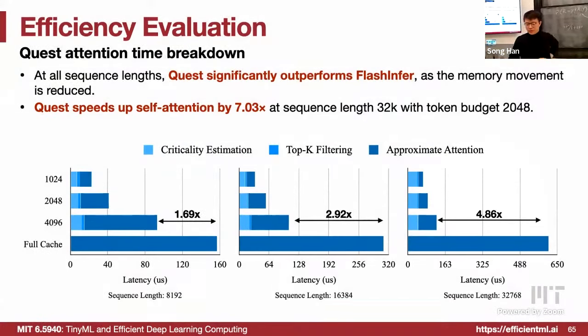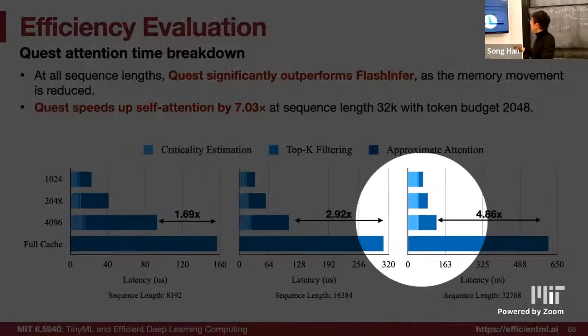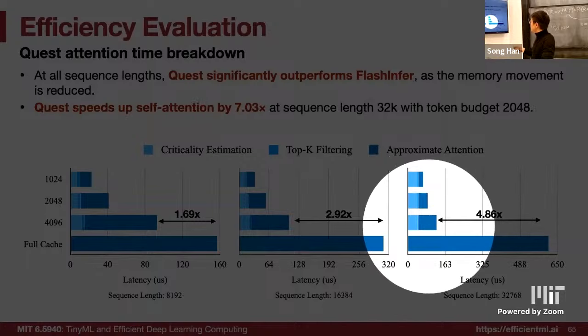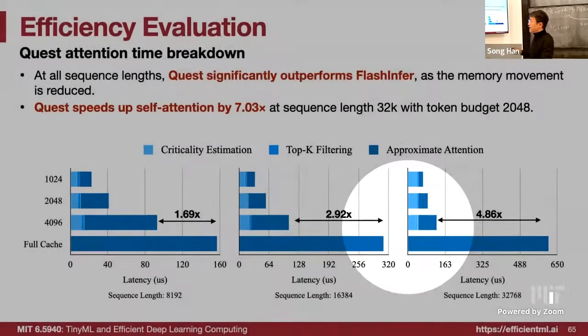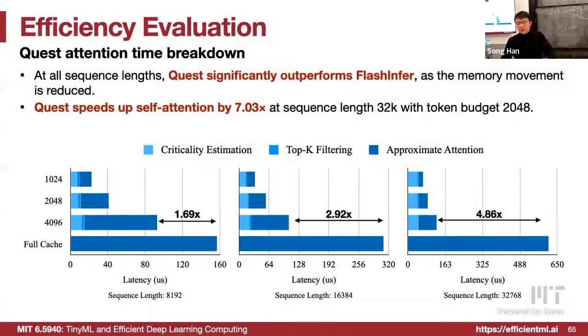This is in log scale, this is in linear scale. The latency contains two parts: one is criticality estimation and top-K filtering, and then the approximate attention. The criticality estimation consumes a larger overhead, which can be alleviated by sharing the criticality across multiple tokens.